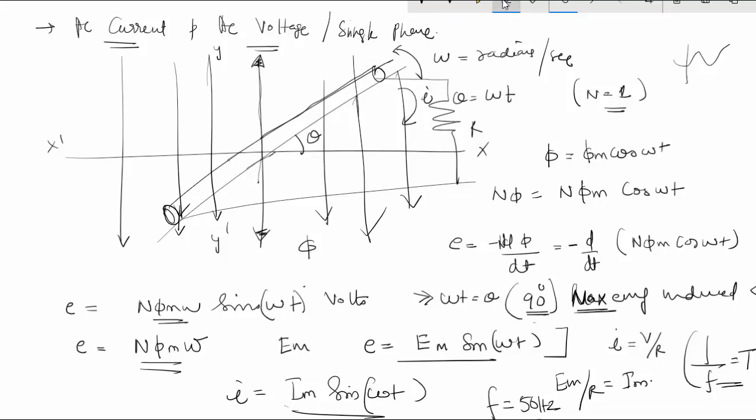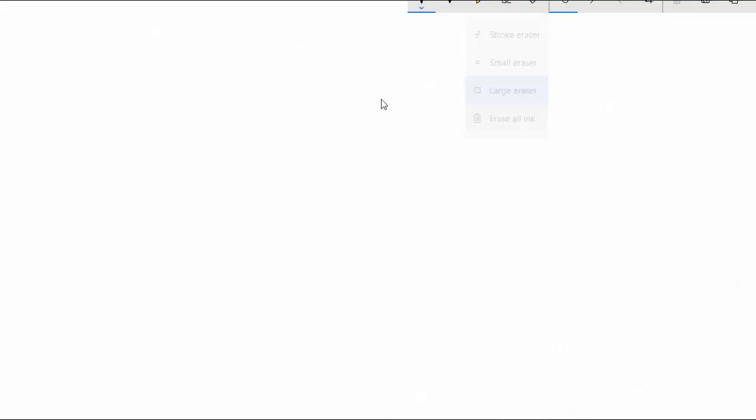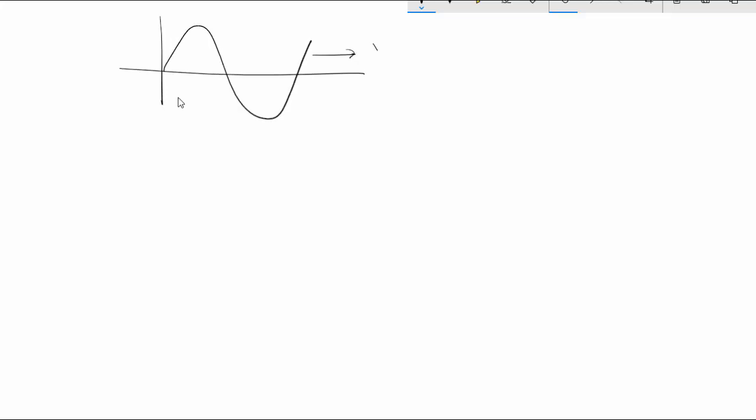So again, it is seen that whatever voltage is induced, v is equal to Em sine omega t, is an alternating voltage, and it will have its maximum at 90 degree, and its negative maximum at 270 degree, and the voltage will be 0 at 0 degree and at 360 degree respectively.